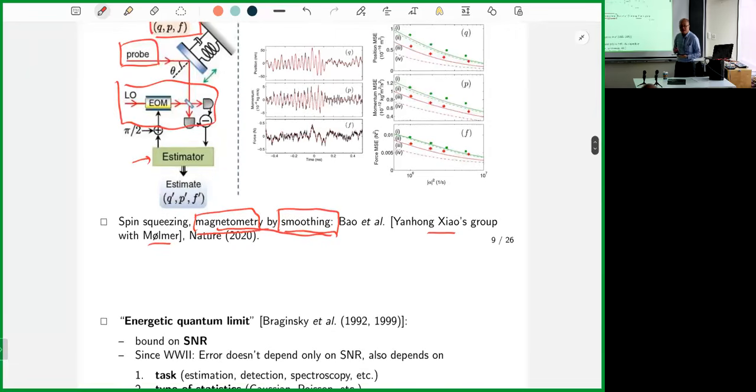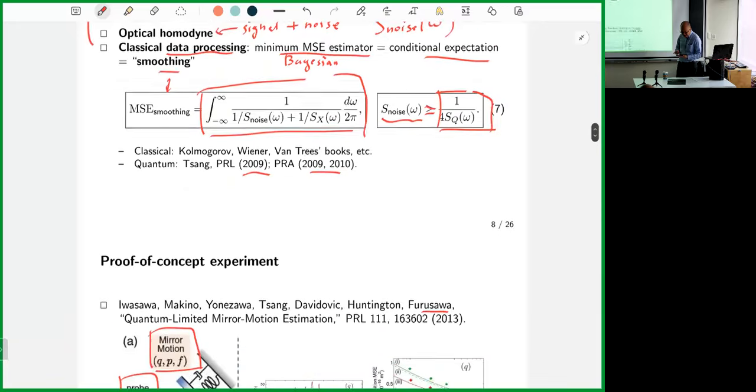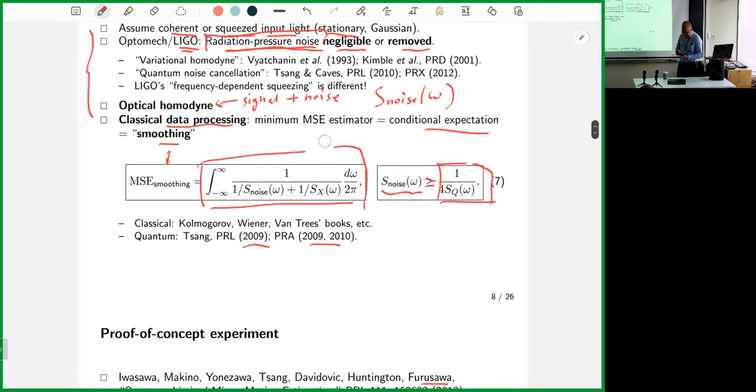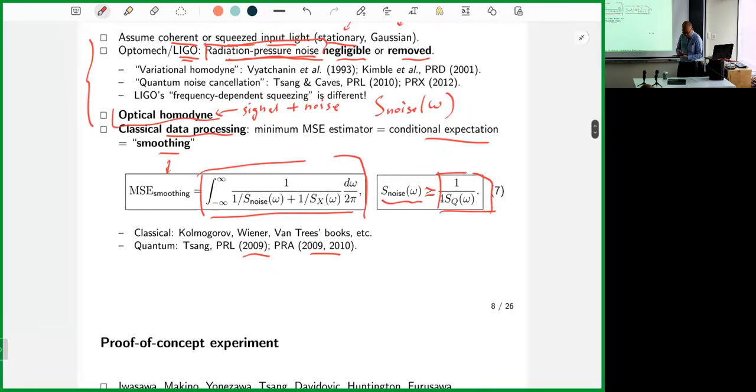So you might ask, what's the smoothing idea? Smoothing is basically the idea of taking the output from your homodyne as a time series. Okay, and then I do a conditional expectation. Conditioned on my measurement record, I want to ask what is the conditional expectation of the unknown waveform, x of t. So expected value of x of t conditioned on my measurement record.